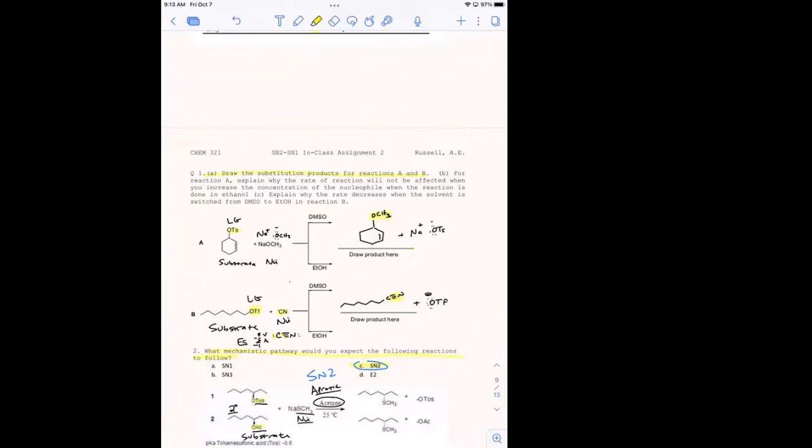That's a lot of words to unpack. Ethanol is, ethanol is what? As a solvent, protic or aprotic?